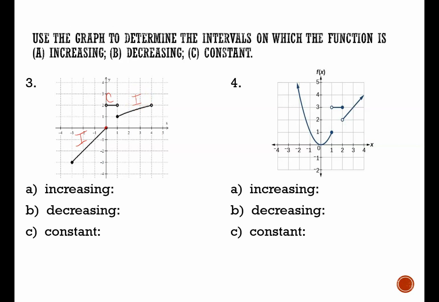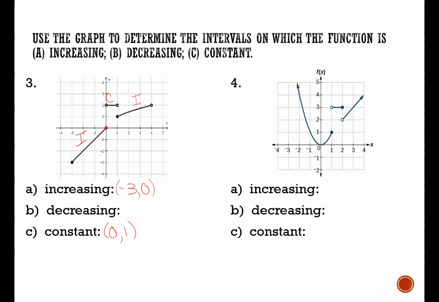So my x is still 1 for the new interval, and it is increasing again. Okay, so remember, it doesn't matter whether these circles are open or closed, we are using parentheses. So our first interval is increasing, x is -3, and it increases all the way to here where x is 0. Then we have our constant interval, which picks up at 0, and just 1 unit from 0 to 1 on the x-axis, it is constant.